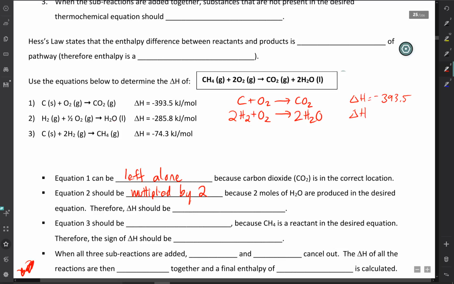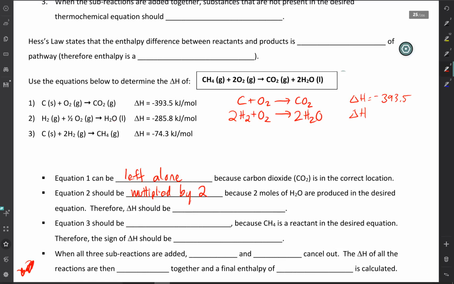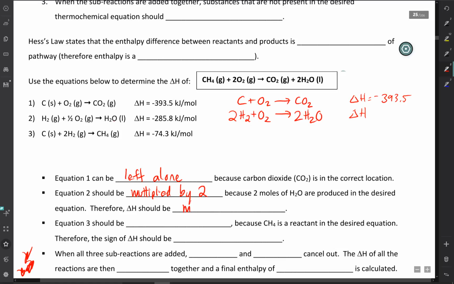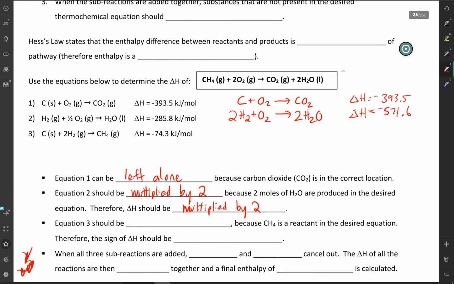And since I've doubled everything or multiplied by 2 in my chemical equation, I also have to do the same thing to my delta H value. So delta H in this case would be equal to negative 571.6. Again, I'm going to leave off kilojoules in the interest of space.